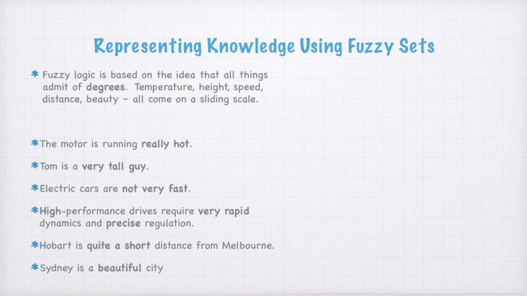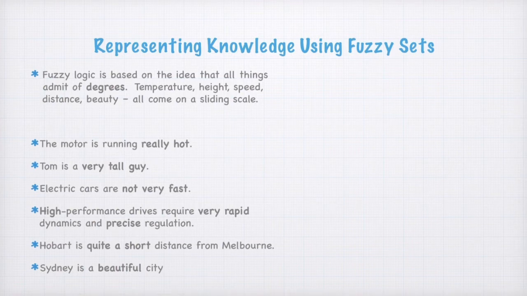How are we going to describe the very tall guy? Electric cars are not very fast. We don't have fast and not fast. We have not very fast. High performance drives require very rapid dynamics and precise regulation. In all of these sentences, we can see that every value is described with linguistic values.